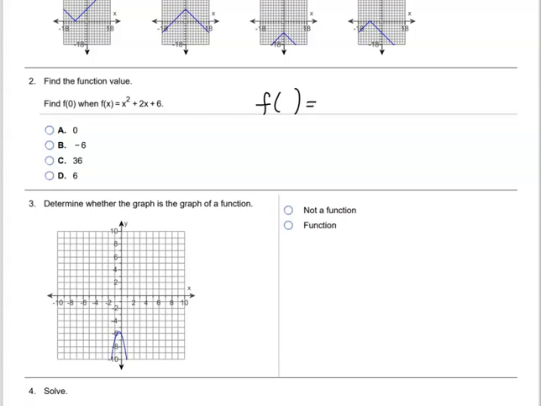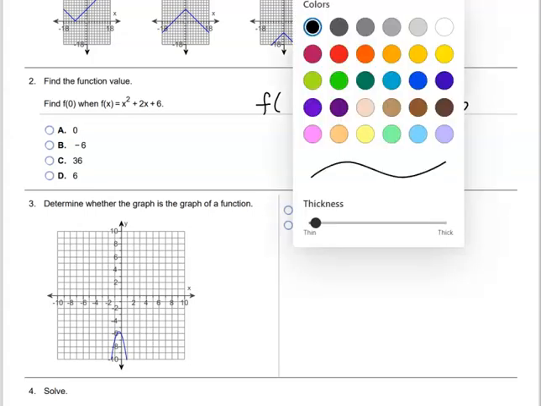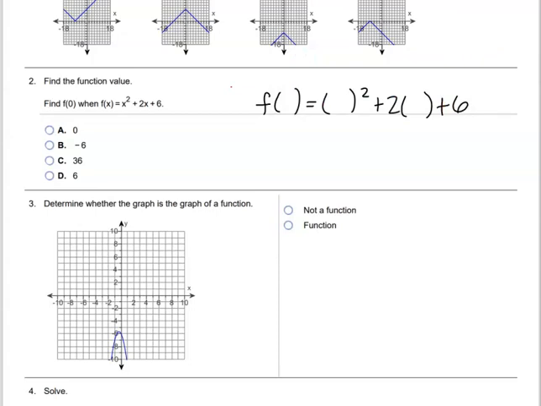So whenever I see an x, I'm leaving that x out and just writing down everything else, because they want me to find f of 0, so I put zeros in those places where the x's are. And so 0 squared plus 2 times 0 plus 6 ends up being 6, which is why D is the correct answer on that one.